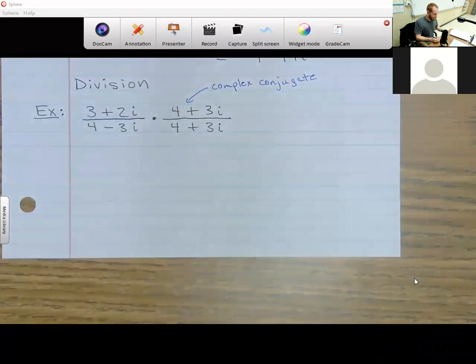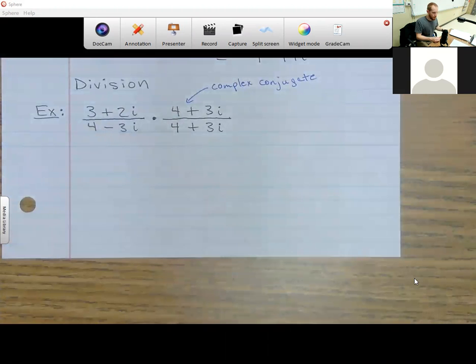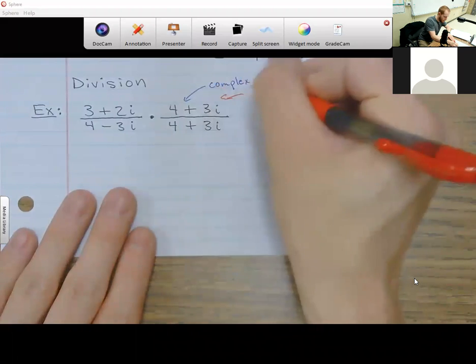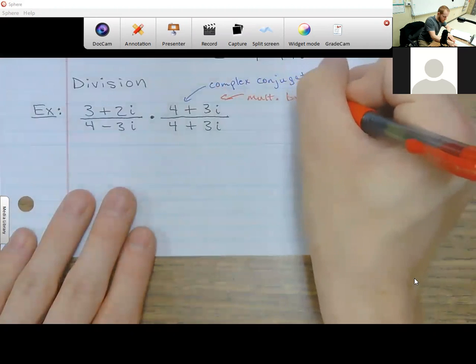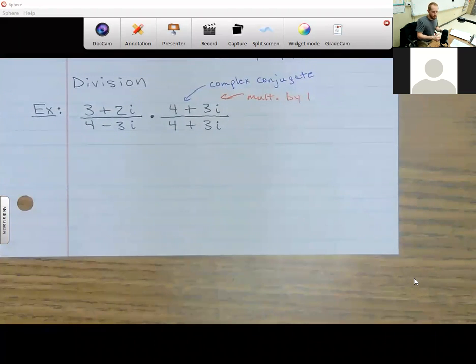This is the complex conjugate of the bottom of the fraction, right? That 4 minus 3i. So what's the secret here? I'm actually multiplying by 1. Because the top and the bottom part are the same, they cancel out and give me 1, right?